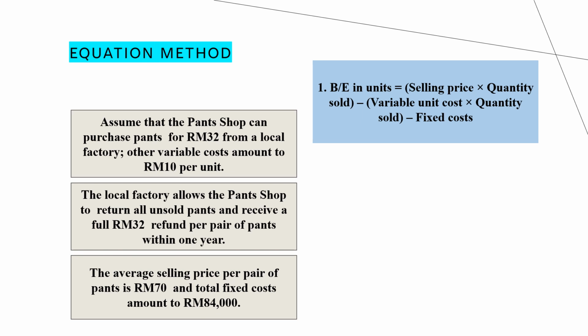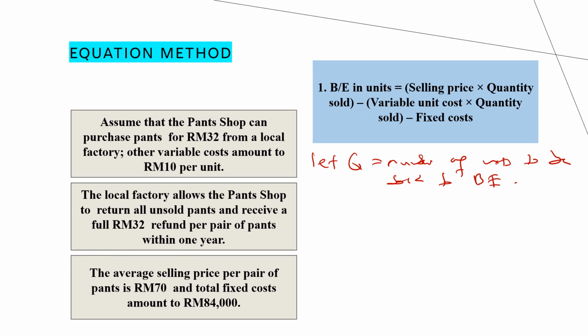Then you can get the break-even point in units. So we just transfer all this information to the equation. Before that, let Q, or maybe you can use X, Y, Z or whatever, be the number of units to be sold to break even.